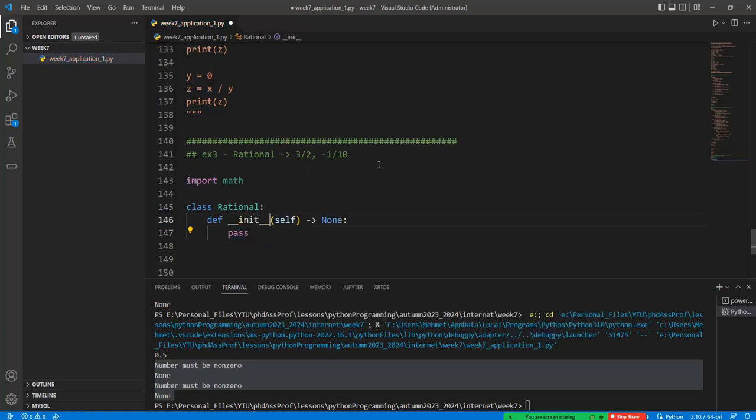Firstly, we need to give the initialization function, or the constructor function.